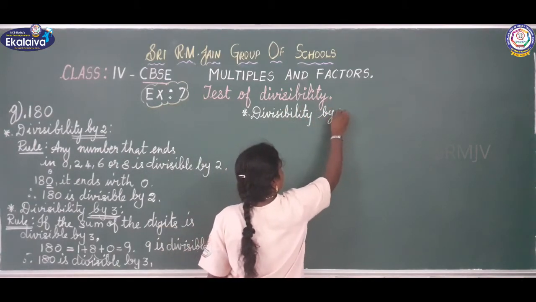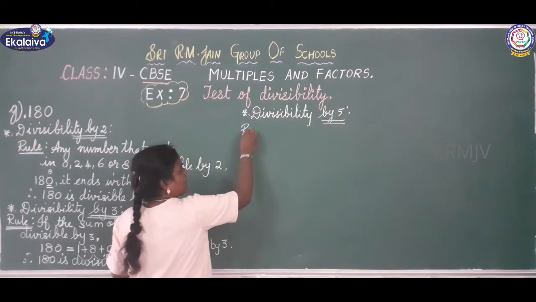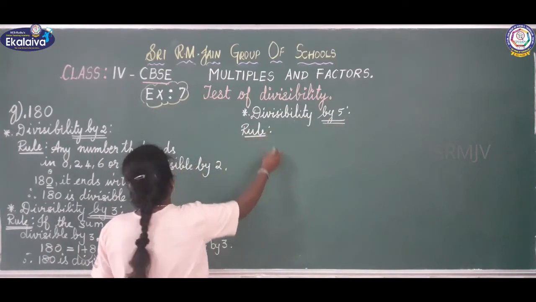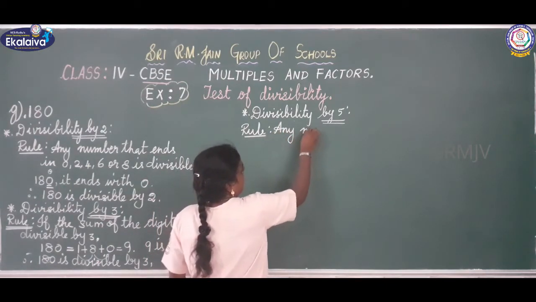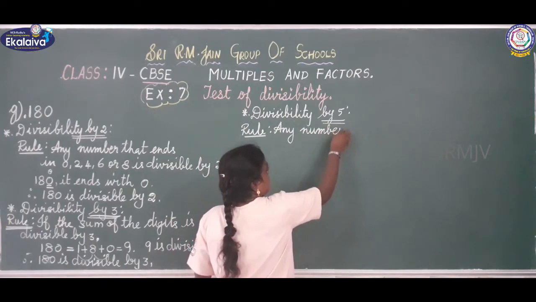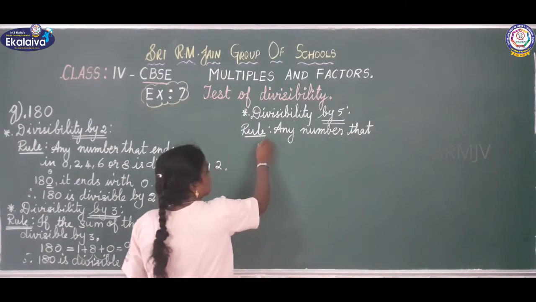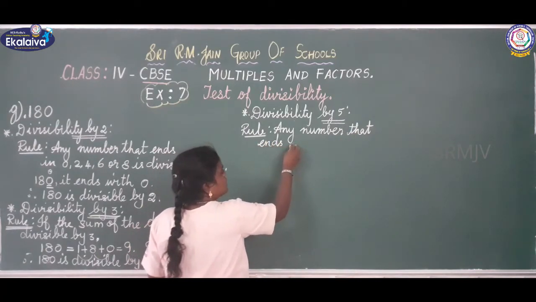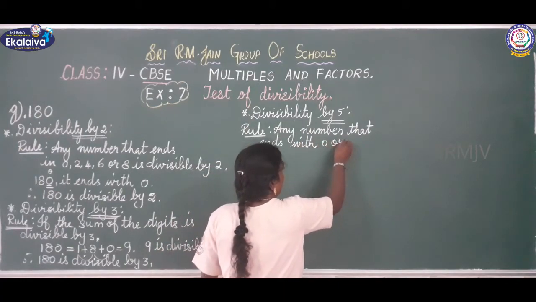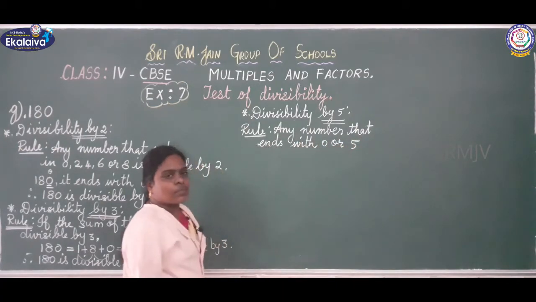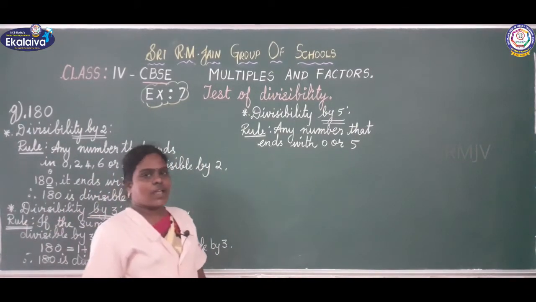Divisibility by 5. Let us write the rule first. Any number that ends with 0 or 5 is divisible by 5.